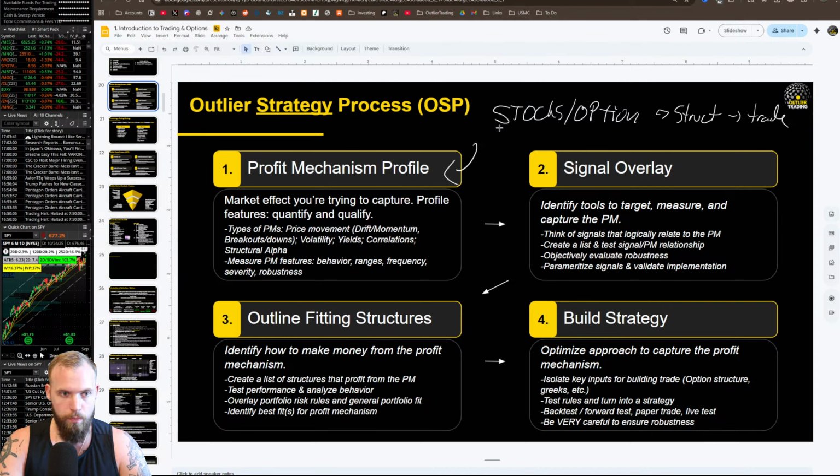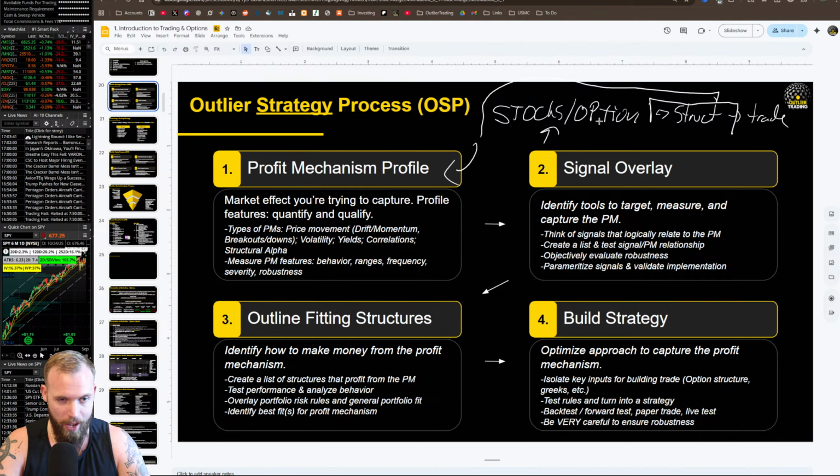I would argue that this profit mechanism concept fits somewhere in here between structure and trade, analysis, somewhere in there. It's definitely not before this, believe it or not.